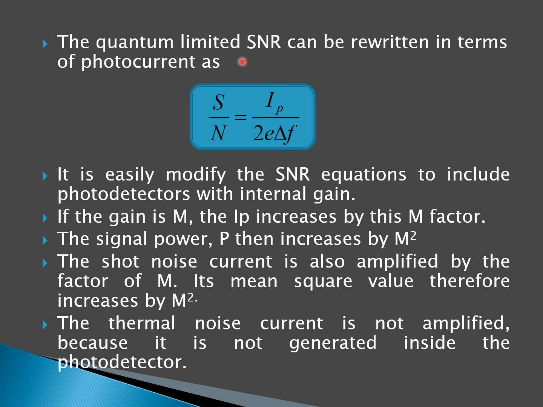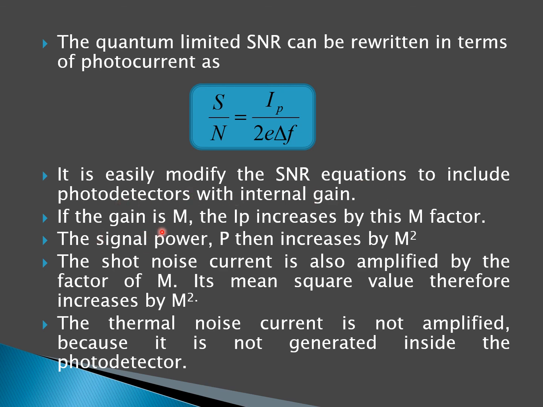The quantum limited SNR can be rewritten in terms of photocurrent as this formula: the signal to noise ratio is equal to I_P divided by 2e delta F. This is the quantum limited SNR. It is simpler, and the SNR equation is easily modified to include photodetectors with internal gain.